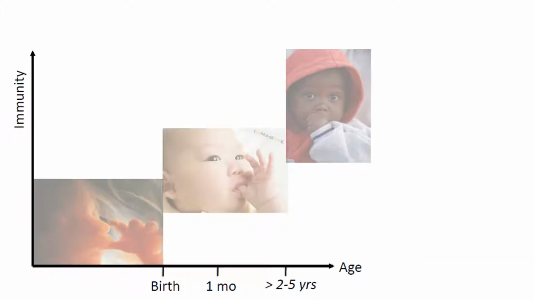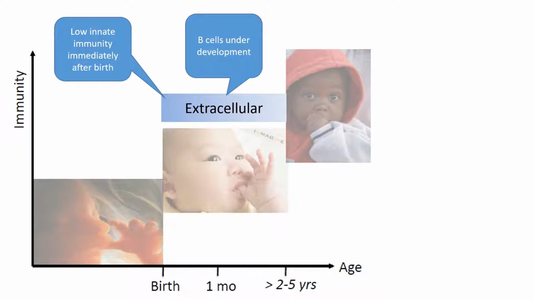Let's start by having a recap of what the threats for a newborn are. First, we have the developmental program of innate immunity that suggests a higher risk of suffering overwhelming infection with extracellular pathogens immediately after birth, and especially in the premature infant.